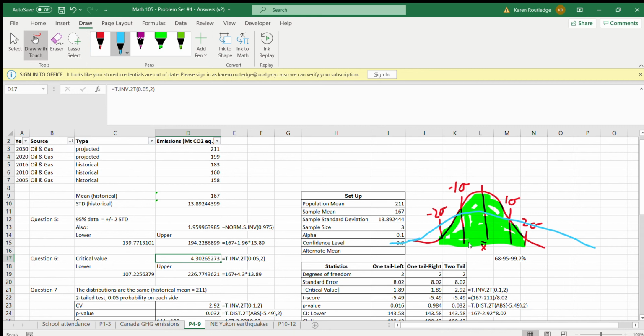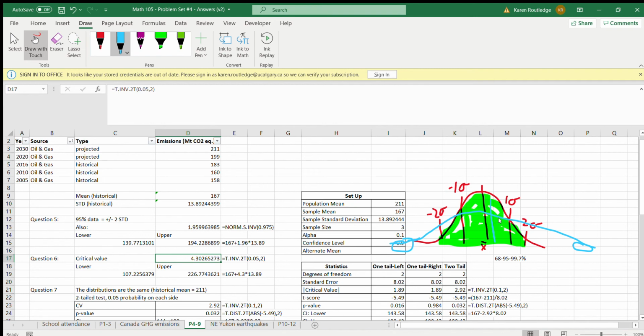So it has much larger tails, if you will. That means in order to get 95% of the data, we have to move extra far away from the mean. In fact, we have to move 4.3 standard deviations away from the mean in order to have 2.5% of the data over there, and to have 2.5% of the data over there.